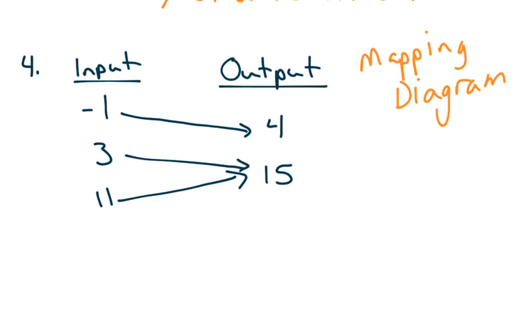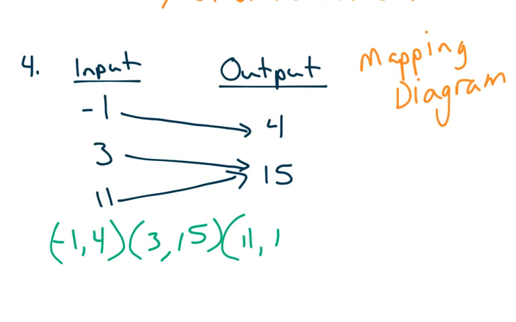We could rewrite this as ordered pairs. So we'd have -1, 4, we would have 3, 15, and we would have 11, 15. So the question becomes, is this a function? Well, if you look at your x values, 1, -1, 3, 11, none of them repeat. So number 4 here, this one is a function.